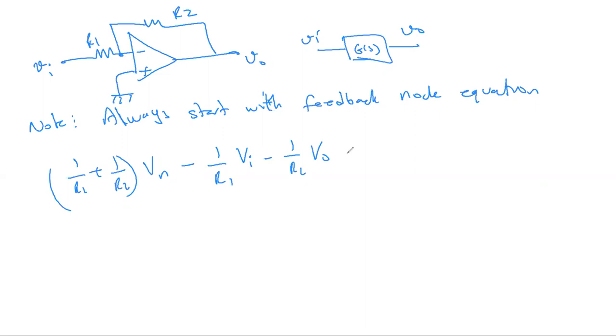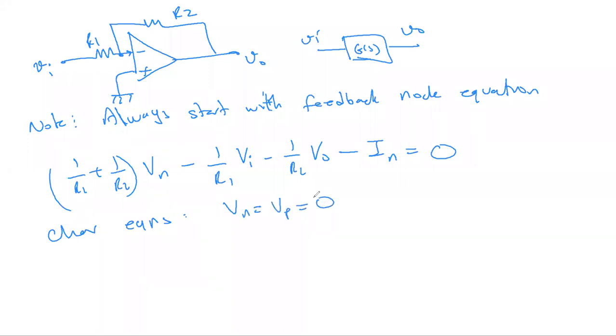let me write non-ideal characteristics in here. If I have I0 here minus In equals 0. There is no current source attached to this node. From the characteristic equation of the op-amp, Vn is equal to Vp.